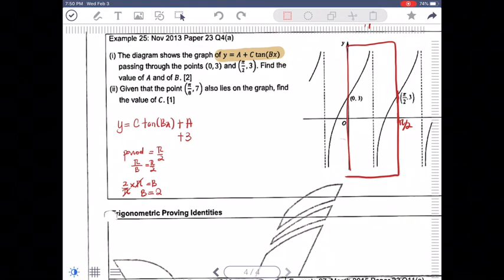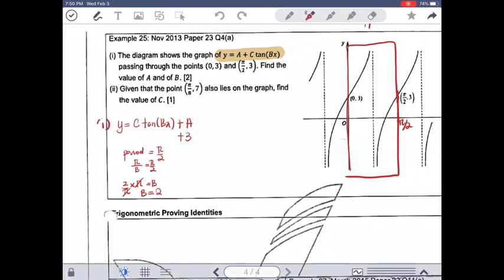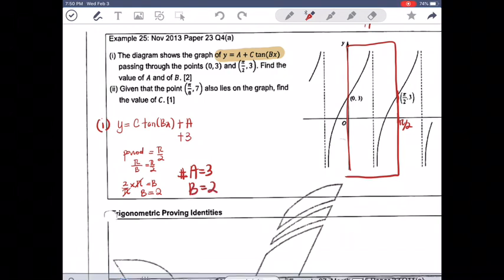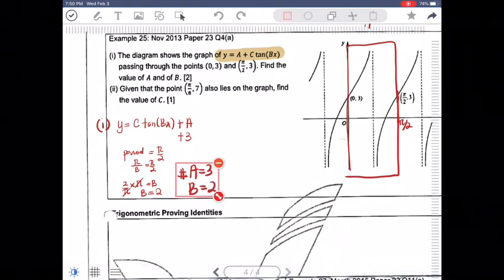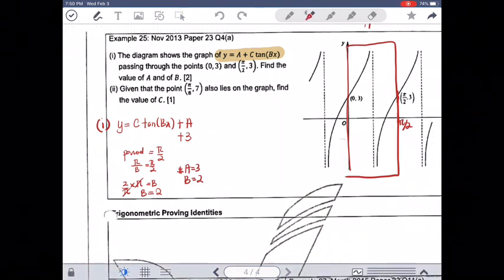Okay, let me resize that. So the answer is a equals 3 and b equals 2. That is the answer for number 1. Okay, let's have a look at number 2.